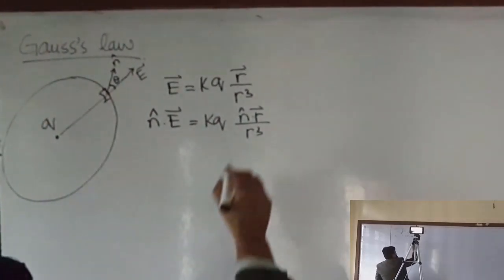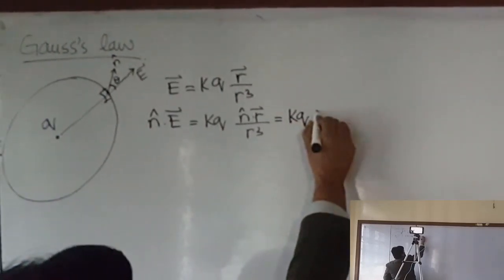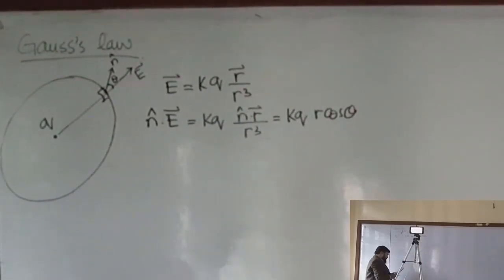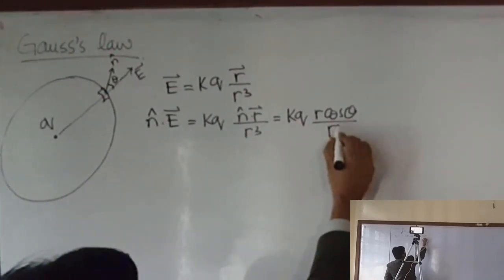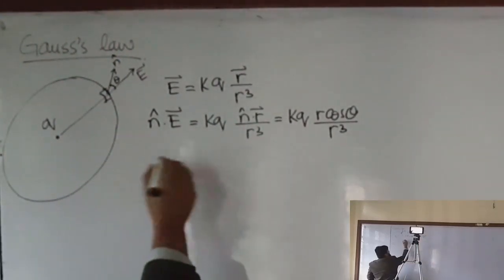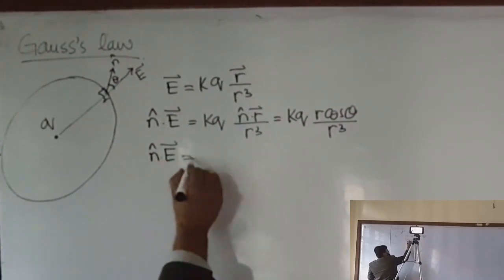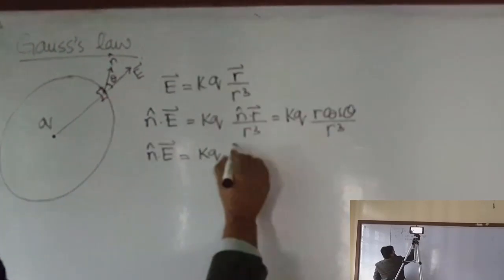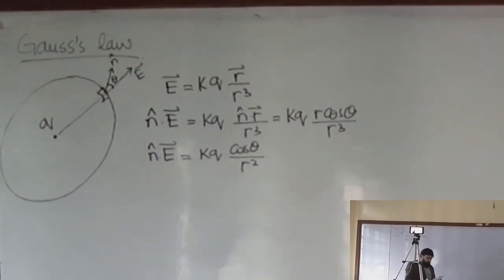And this one I can write as K Q and R cos of the angle between the two, divided by R cube. So you know that n dot E will be equal to K Q. R will cancel, so I have cos theta divided by R squared. Right?